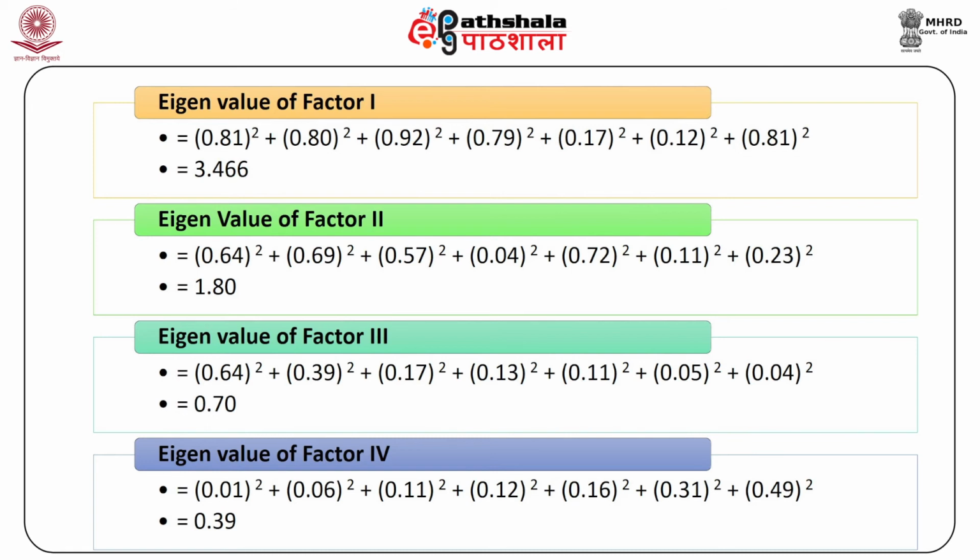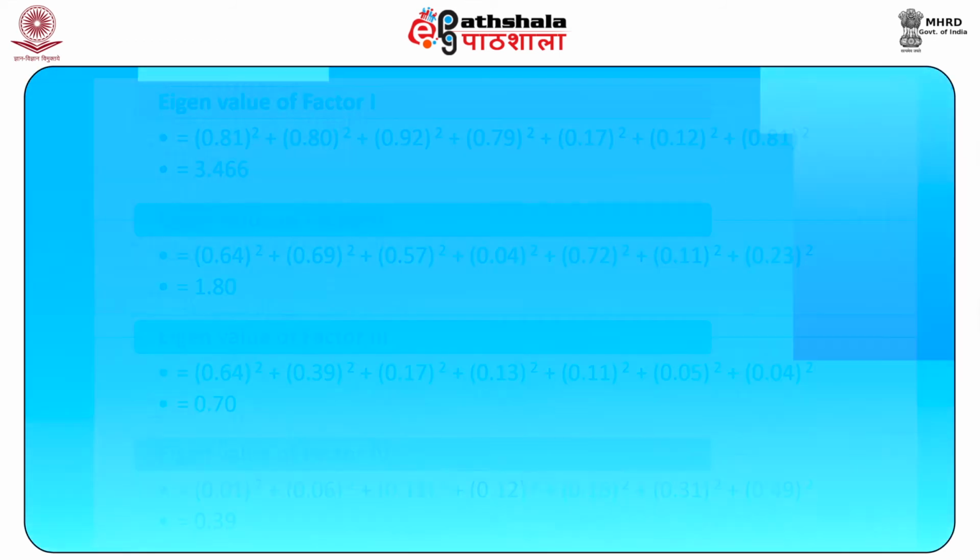For factor 3, the eigenvalue turns out to be 0.70. The eigenvalue for factor 4 is 0.39, and since only those factors are accounted for whose eigenvalue is 1 or more than 1, only factor 1 and factor 2 will be extracted.